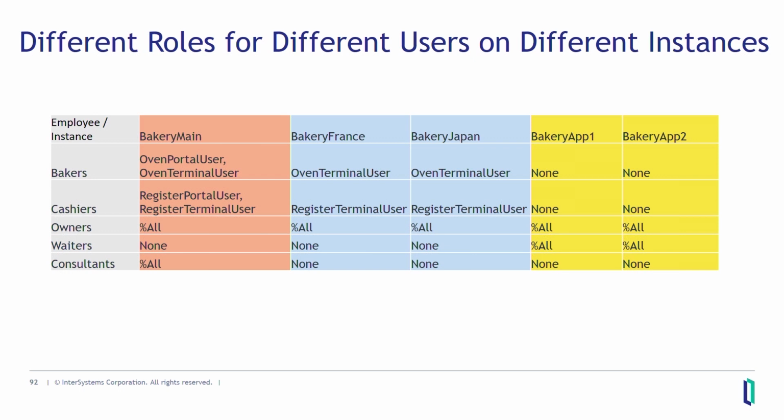The waiters we want to have locked out of everything but the app servers, and we want them to have %all there. And the consultants should have %all on the main instance and no access to everything else. This is a lot. Mostly know that we want our bakers to have access both portal and terminal on the main instance, no access on the app servers, and partial access only through the terminal on the international instances.